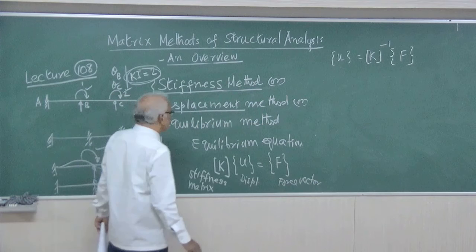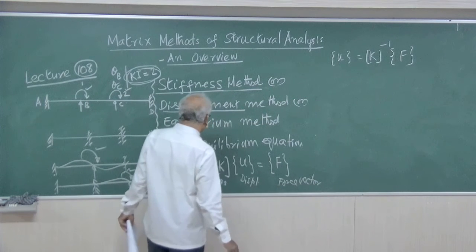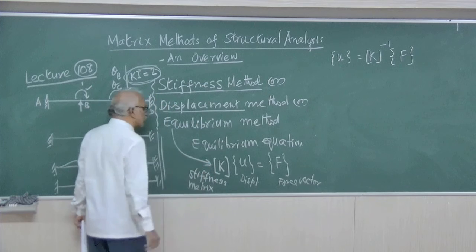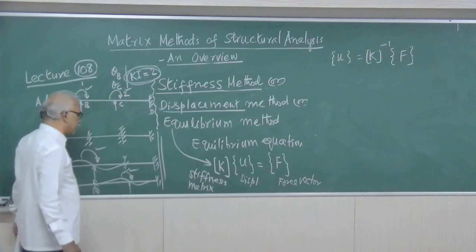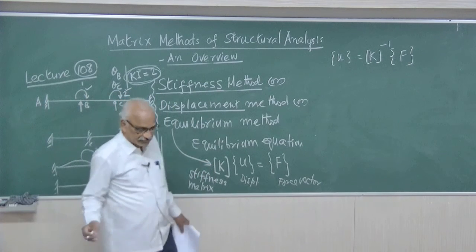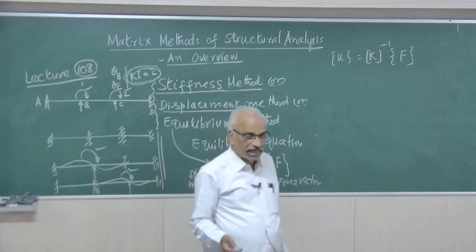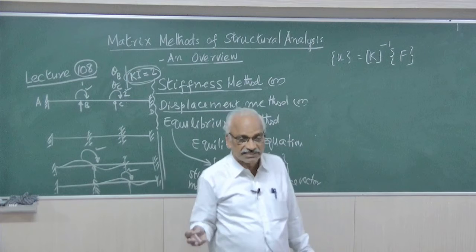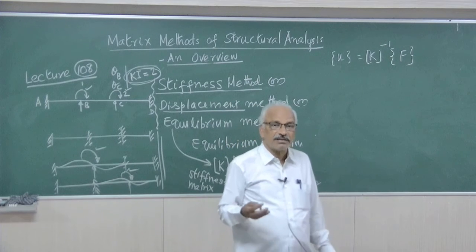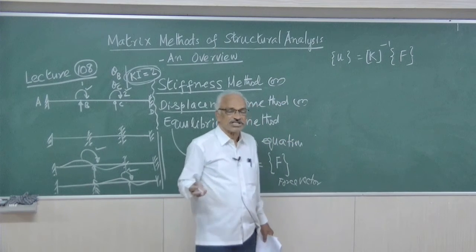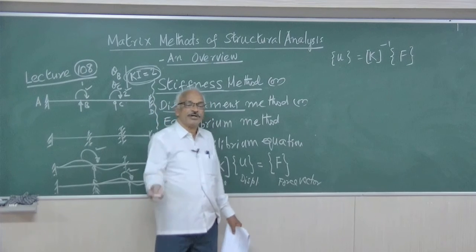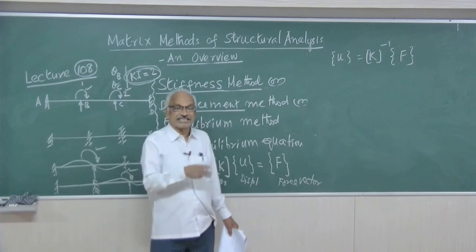Since we are using the equilibrium equation, equilibrium of forces, this method is also called the equilibrium method. Sometimes in the examination they will ask you to write down the compatibility equation that is used in the matrix flexibility method, denoting the notations, or write down the equilibrium equation that is used in the matrix stiffness method.